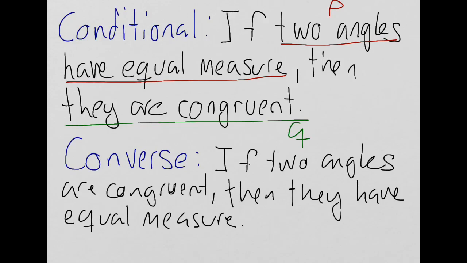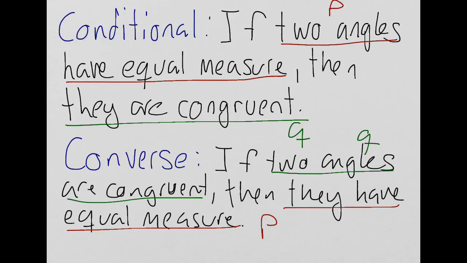Again, to form my converse, all I did was switch my P and my Q. So if two angles are congruent, that was my Q, then they have equal measure. That's my P.